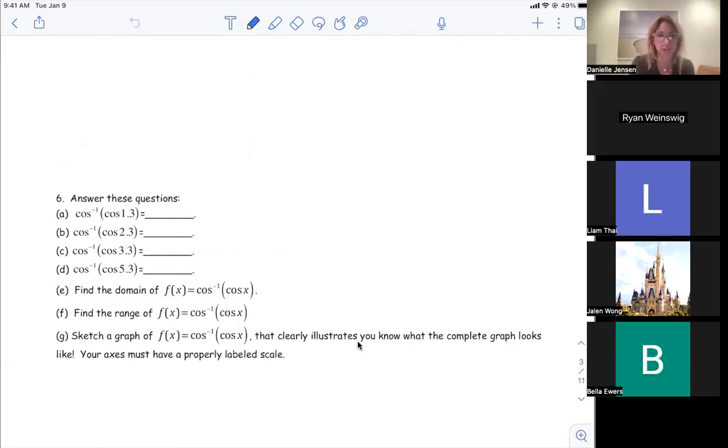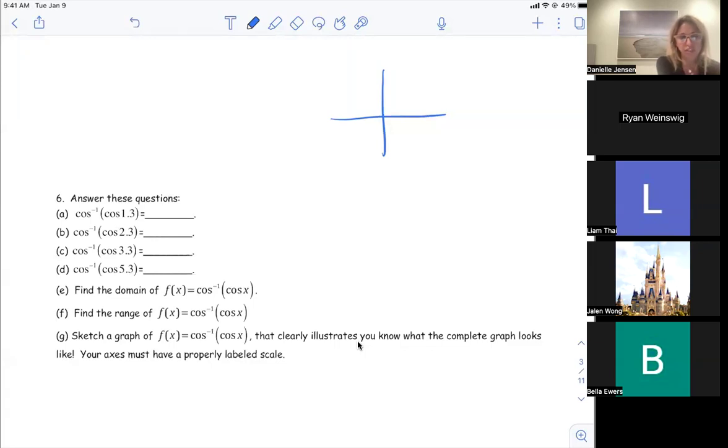Okay, this is the inverse cosine of cosine 3.3. One thing with all these problems, I always ask myself, what do things stand for? What is 3.3 standing for? It's an angle, because you're inputting it into the regular cosine function.